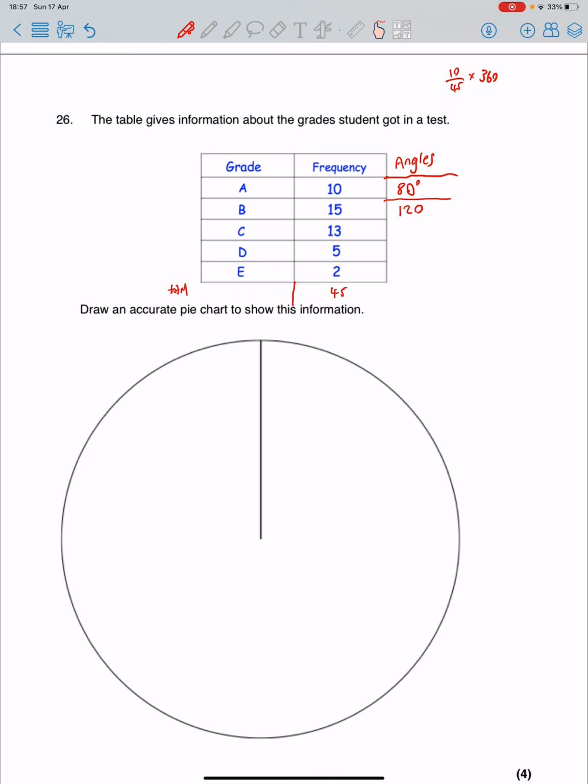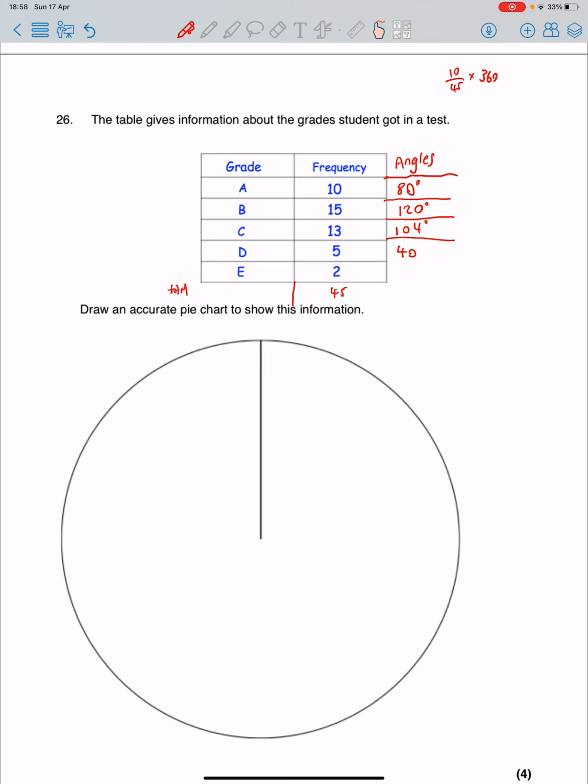Next one is going to be 13 out of 45 lots of 360, which is going to be 104 degrees. Next one's going to be 5 out of 45. Sorry, I meant out of 45. 5 out of 45 lots of 360. That's going to be 40 degrees.